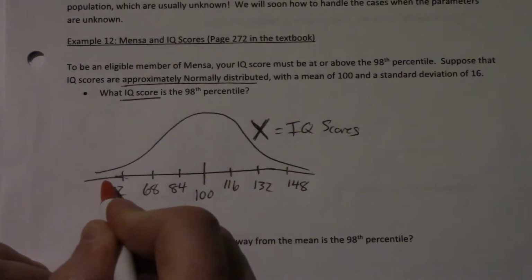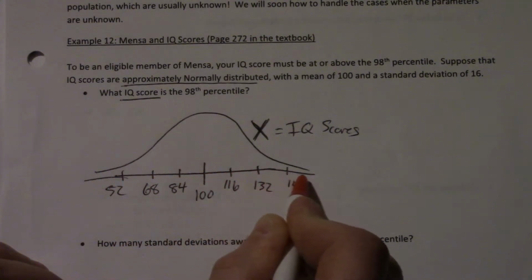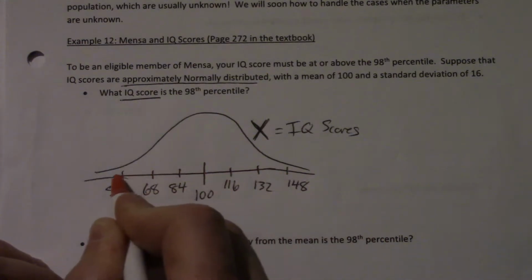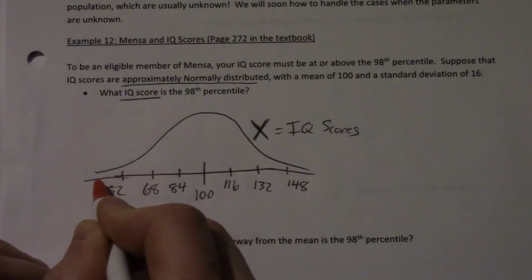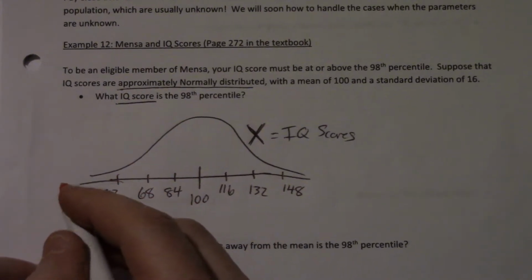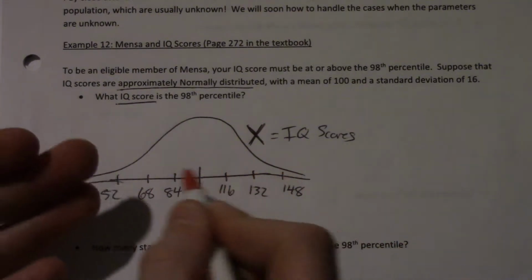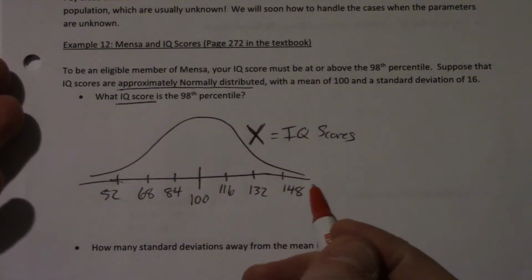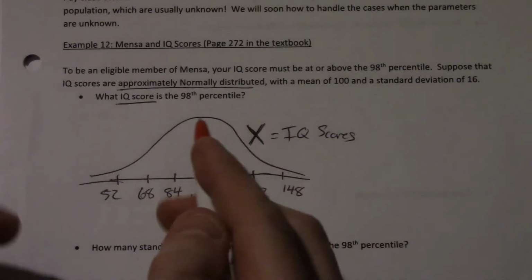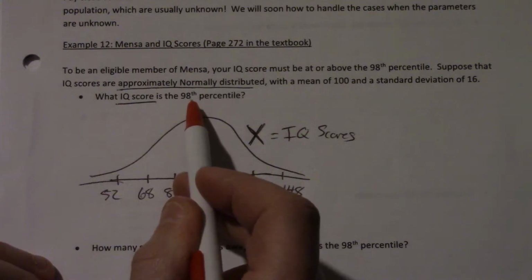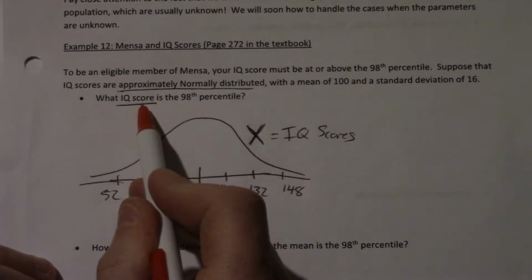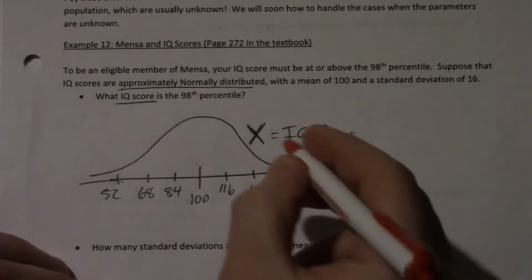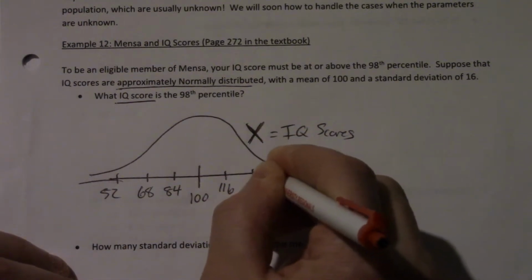So we're being asked to find a value of the random variable. We need an IQ score. And what we know about it is that it's the 98th percentile. So where is the 98th percentile? I don't know. But that means that 98% of IQ scores are below this unknown score. So that means it must be a high IQ score.